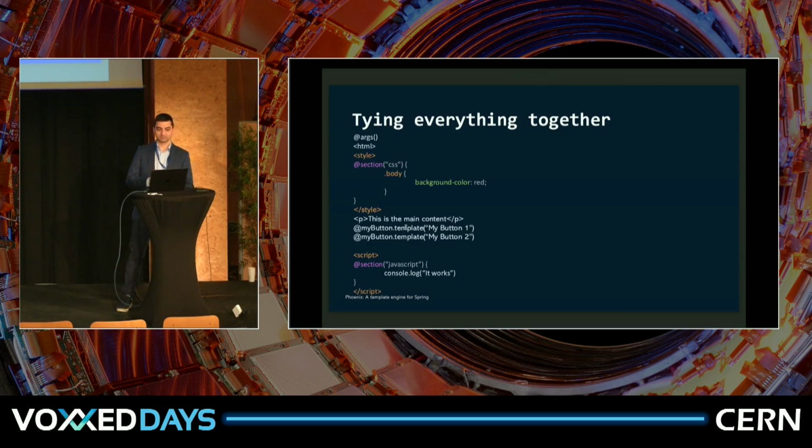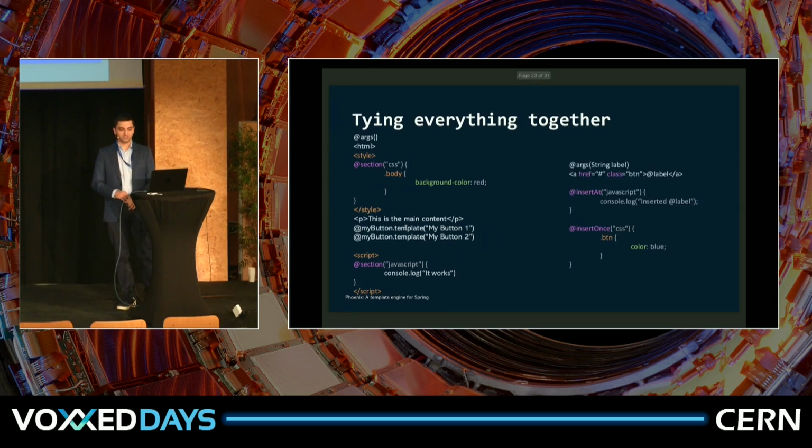So here's a short example. I have my main template, and I call my button twice. And as previously, I have the link with a JavaScript and the CSS part.